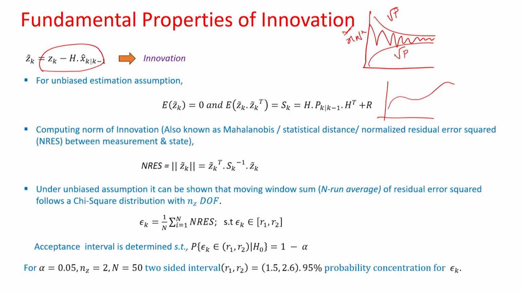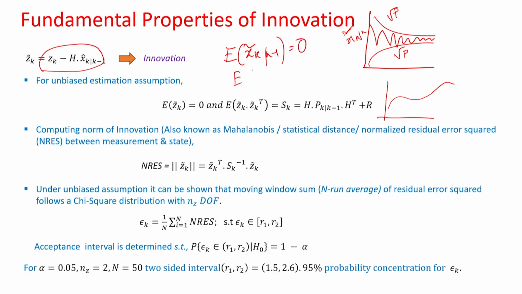The first thing is unbiased estimation. The Kalman filter is sometimes called a BLUE estimator. BLUE means best linear unbiased estimator. Linear, you know, because your state and measurement equations are linear. Unbiased means, as I told you last class, that the expectation of your prediction error and estimation error is equal to 0.